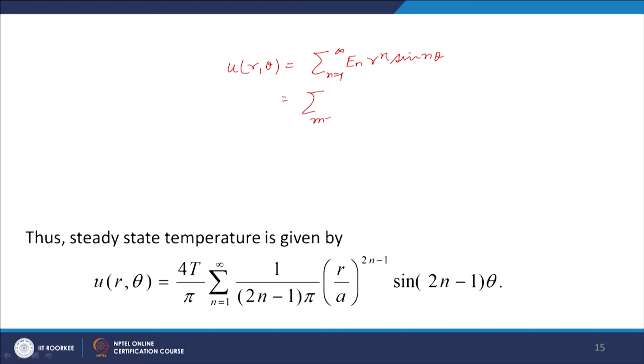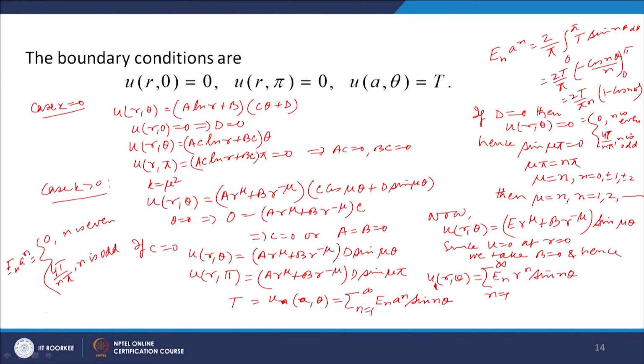So, summation m equal to 1 to infinity E_(2m minus 1) r^(2m minus 1) sin (2m minus 1)θ. And from here, E_(2m minus 1) will be equal to 4t upon (2m minus 1) pi, and then a^(2m minus 1).